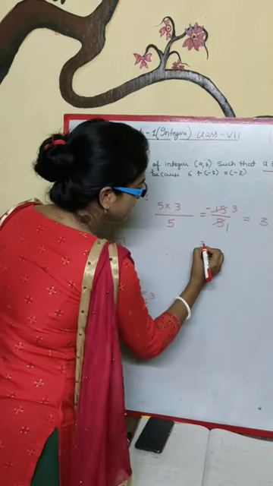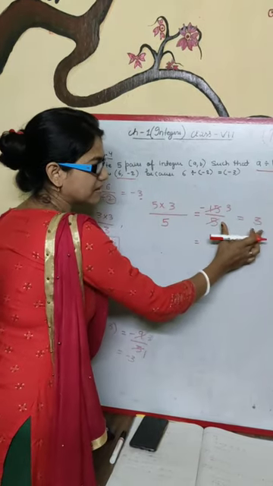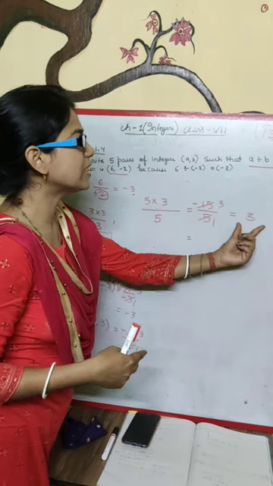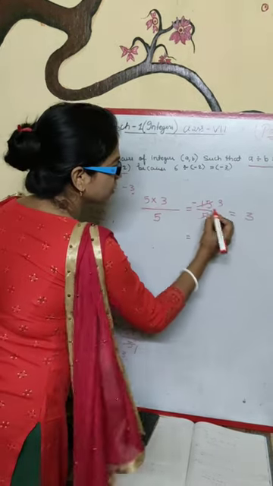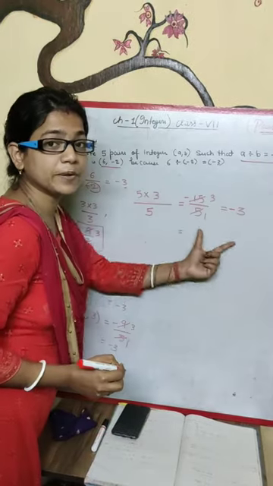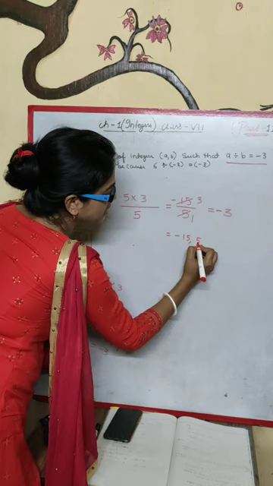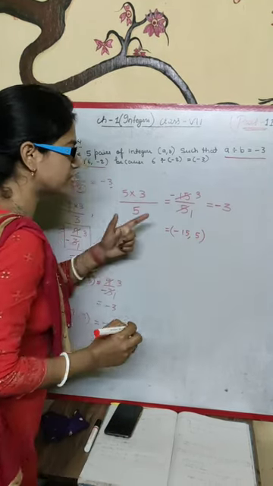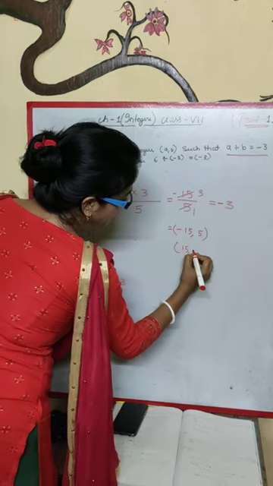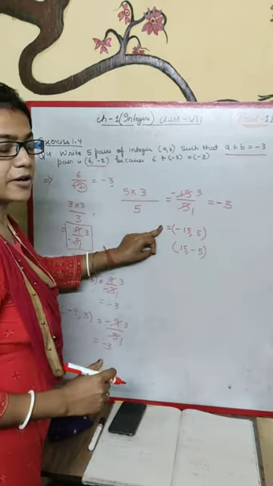So this one is a pair. Okay. I am just writing 3 to confirm to you that this will give the answer 3. So if here it is minus 3, the answer is minus 3. What will be the pair of integers? Minus 15 by 5 or 15 by minus 5. This is the first pair. And the second pair we are getting here is 15 and minus 5. So this is the third pair.